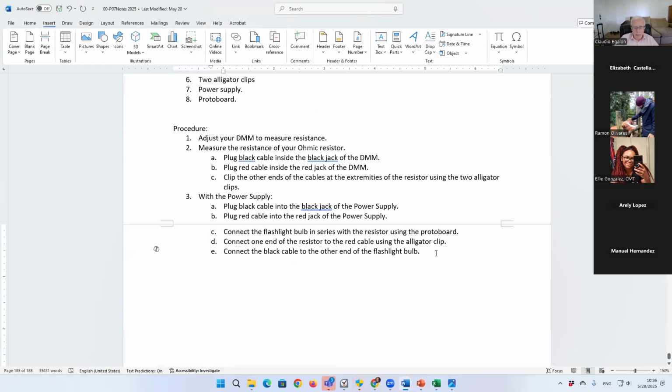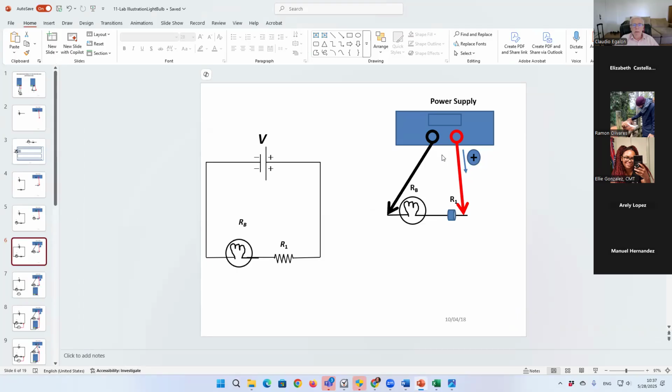and then we can turn on the power supply and set it to 10 volts. Here we go. 10 volts right in here, and that's how the circuit looks.